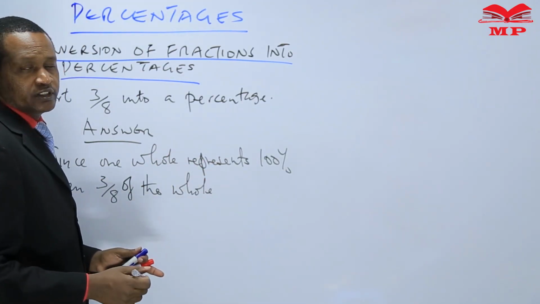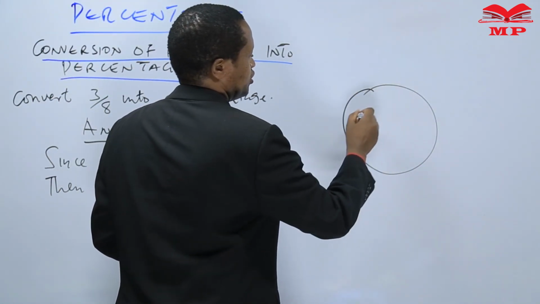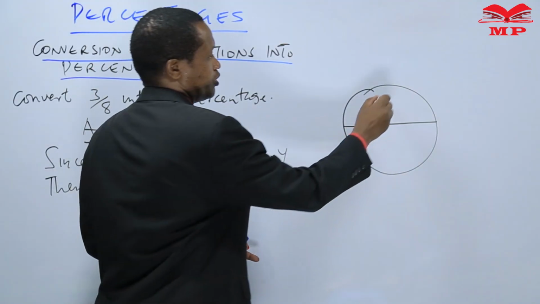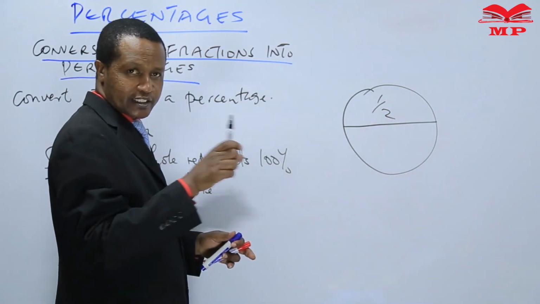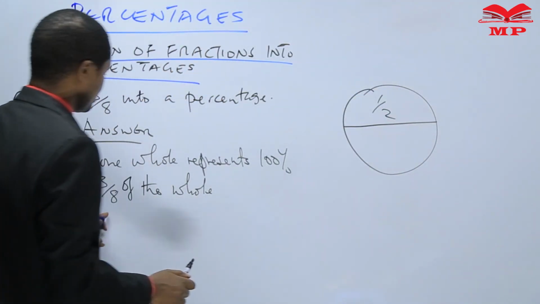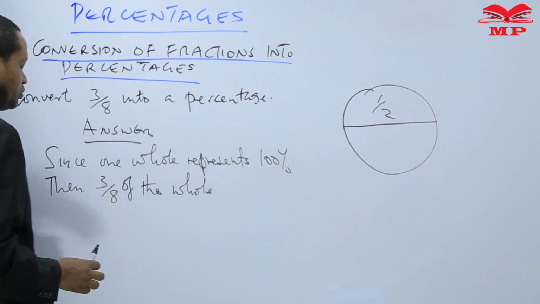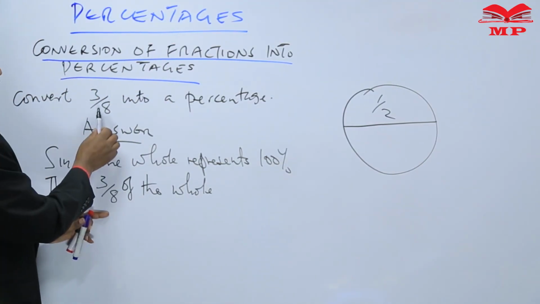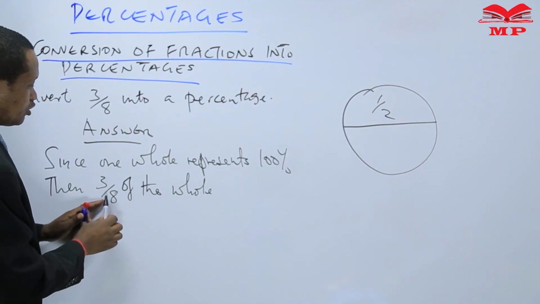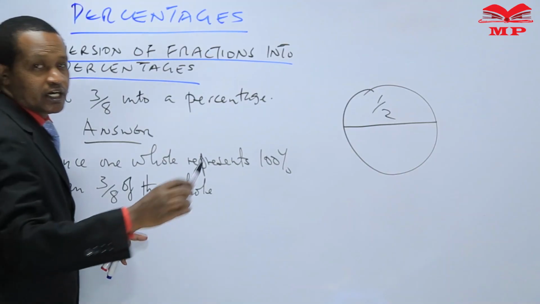If you have, say, a half, it is a part of a whole. For example, if it is a circle, 1/2 here is a part of the whole circle. So a fraction being a part of a whole, if you want to convert 3 over 8 into a percentage, then you will take 3 over 8 of the whole, which is 100.